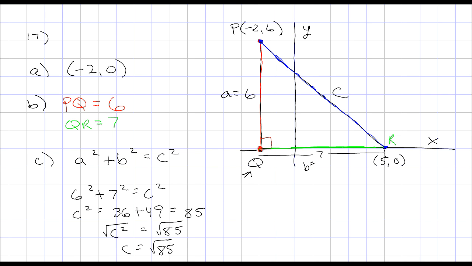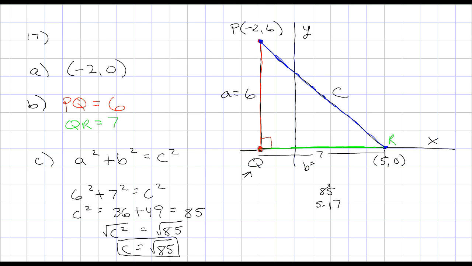And that is already in simplified form, but just to see why, 85 is the same as 5 times 17. Both 5 and 17 are prime, so there's nothing I can move through the radical symbol. So this is just how I would leave the answer for part C.